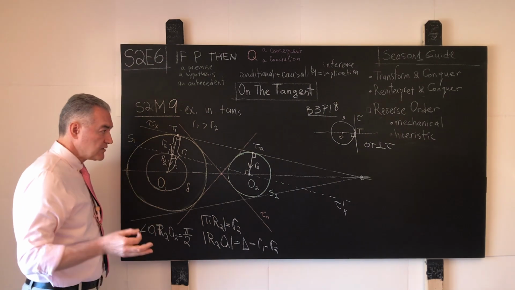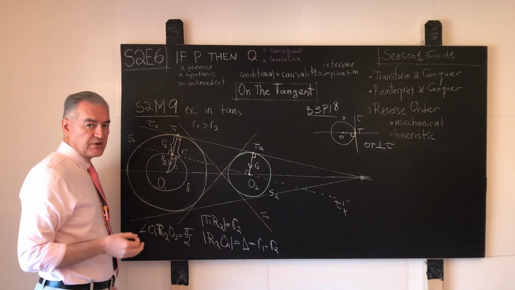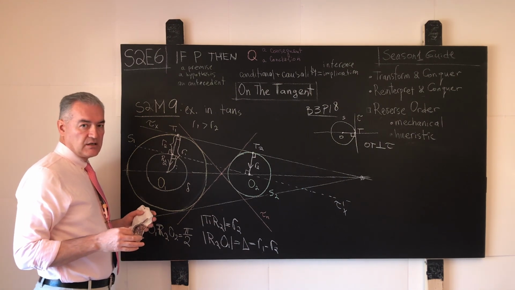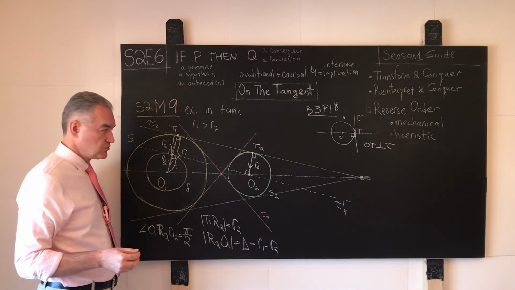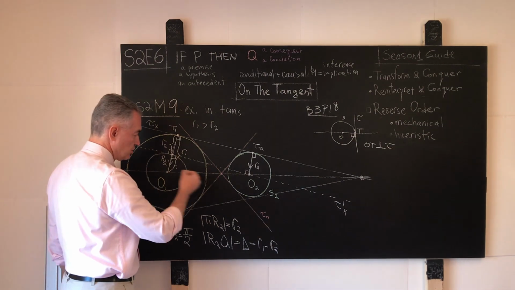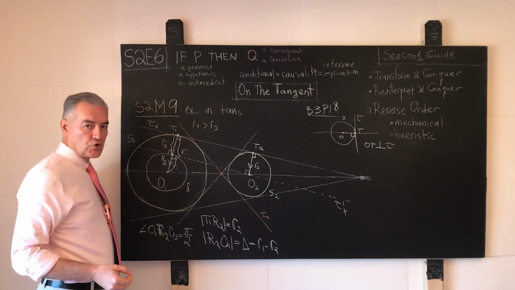As a matter of fact, maybe in the future I'll make an episode dedicated to it, but I know of at least 5 distinct ways to construct a tangent to a given circle through a point outside of that circle.